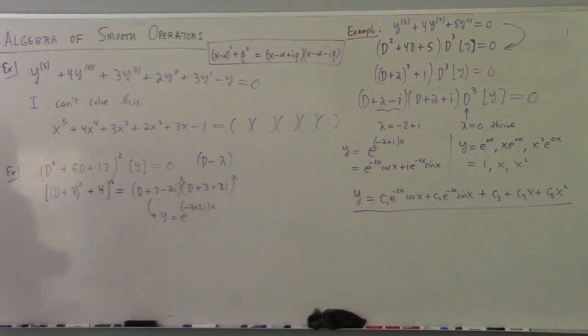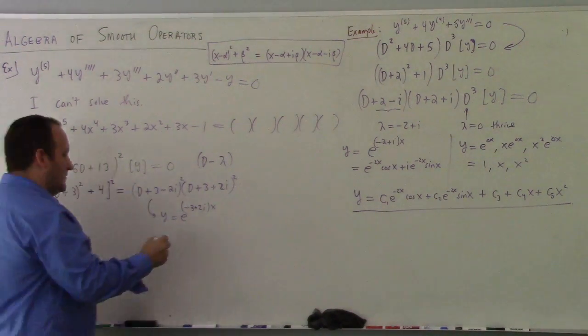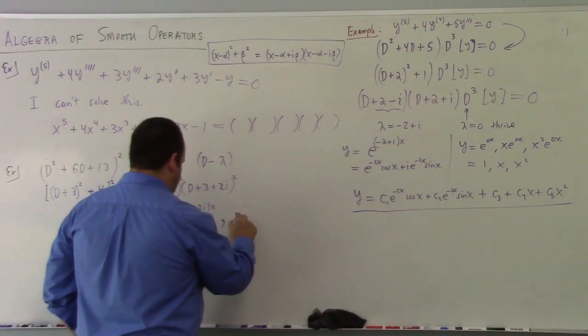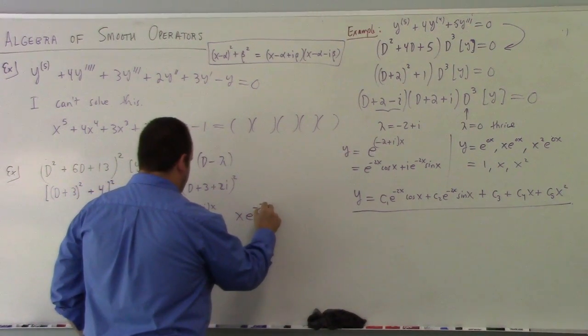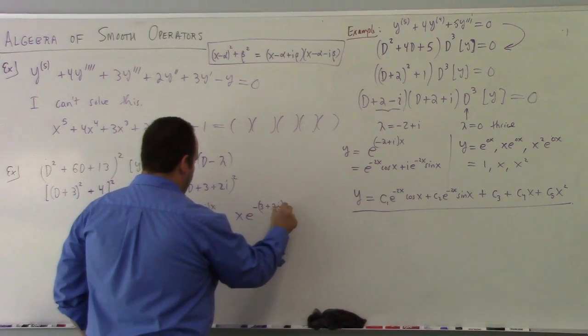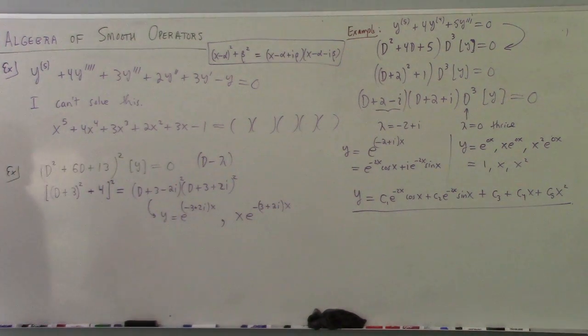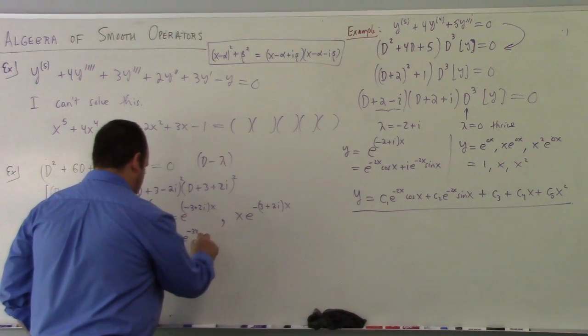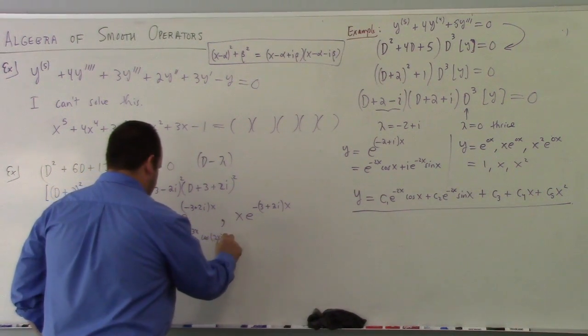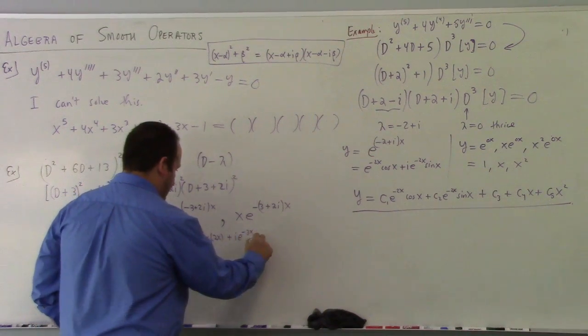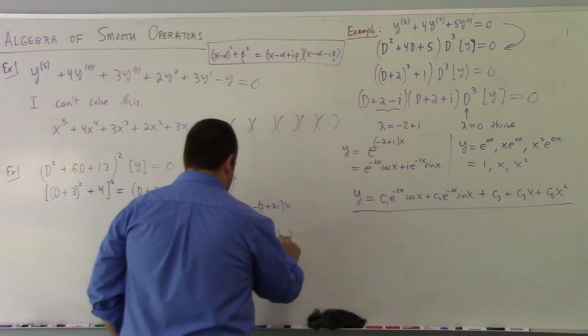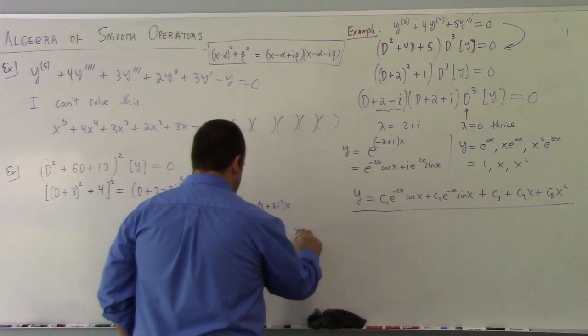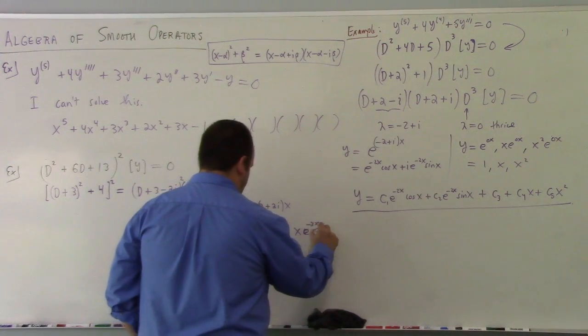It's up to you. But that's a complex solution, and this is also a complex solution by the lemmas we developed today and by the homework you did. From that, we get a sine and a cosine times an exponential, like this: e to the minus 3x cosine 2x plus i e to the minus 3x sine 2x. And then the other one, of course, is the same thing but with x in front.